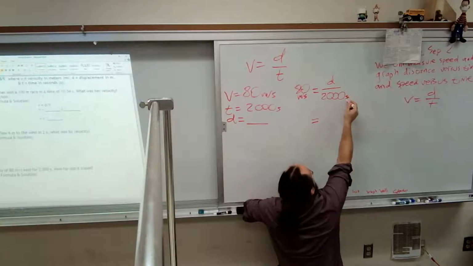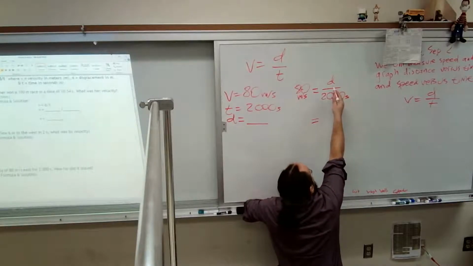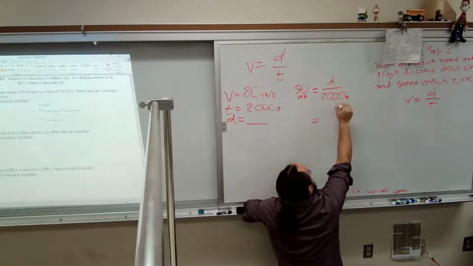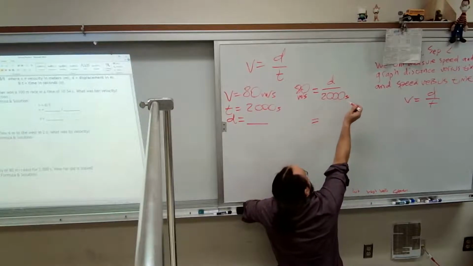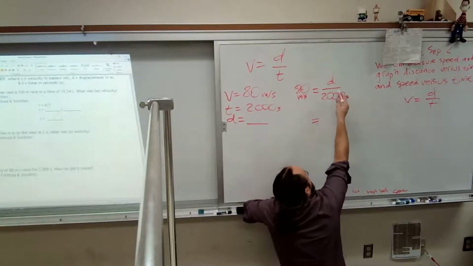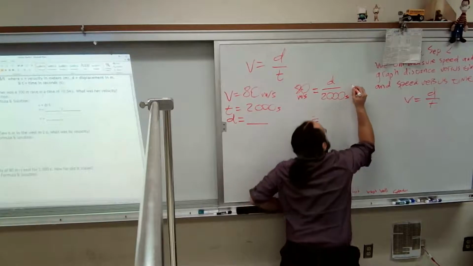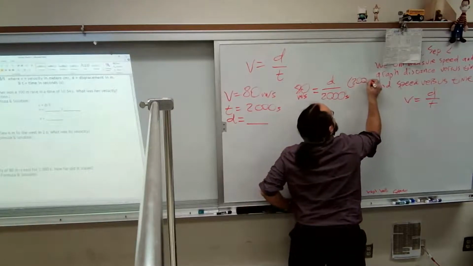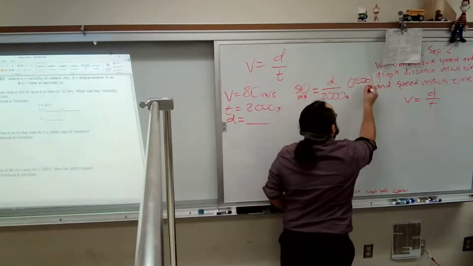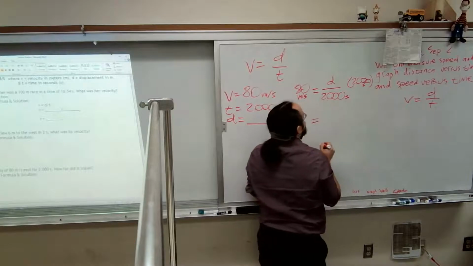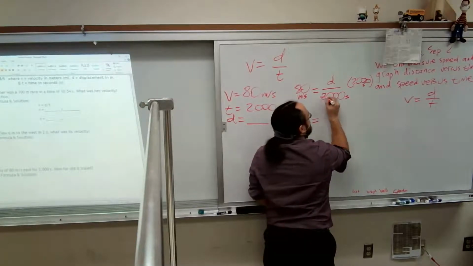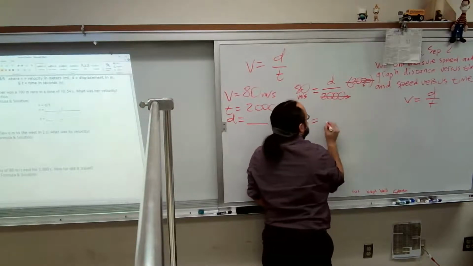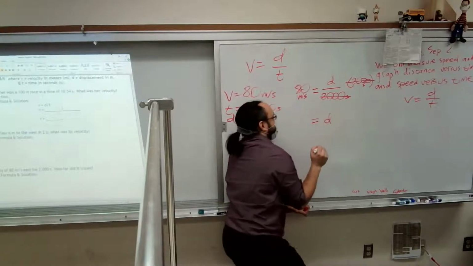It says divided by 2,000 right now. The way I can get rid of that 2,000 is to do the opposite of what's being done to it. Since it says divided by 2,000, I'll multiply by 2,000 seconds. And those will cancel. There's one on the bottom and one on the top. And now it just says distance.